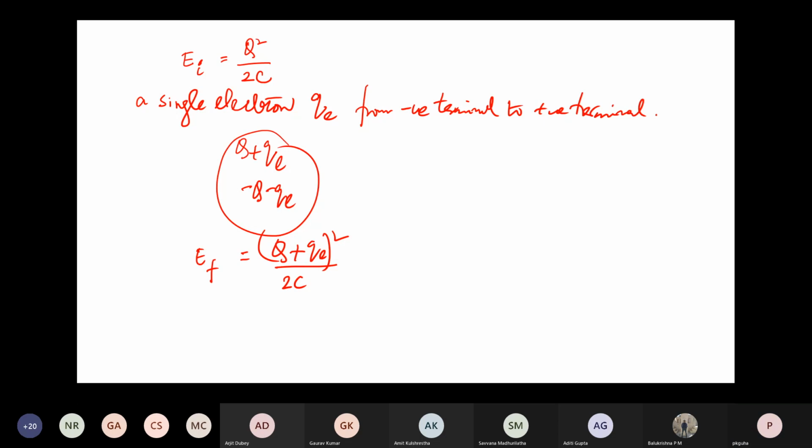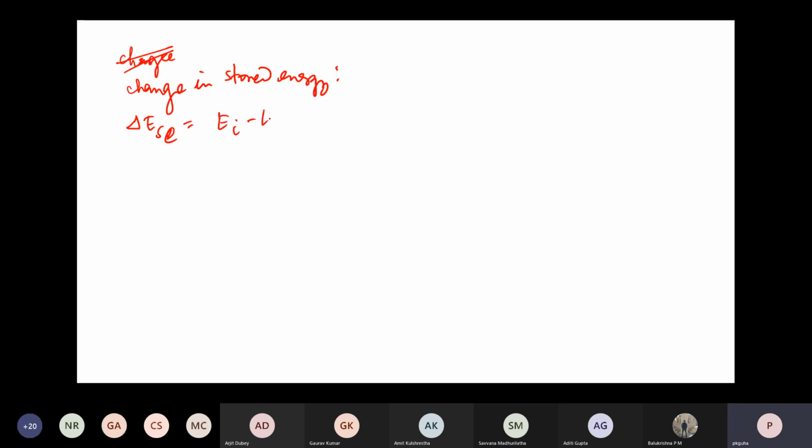So what is the change in stored energy? The change in stored energy, delta E, is equal to E_I minus E_F, right? E_I was the initial energy, E_F is the final energy.